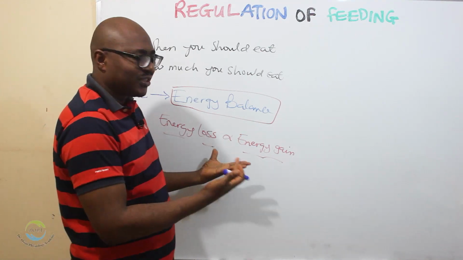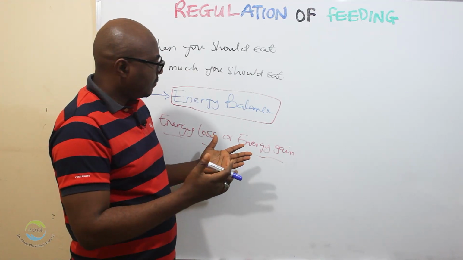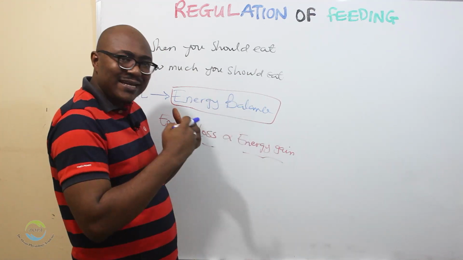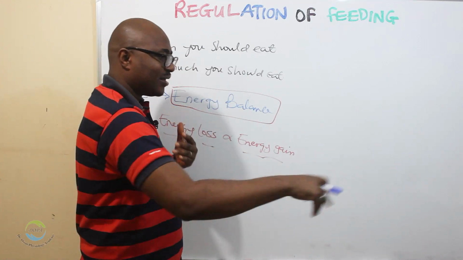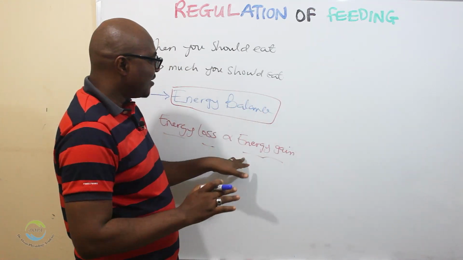Then if there's too much gain, what do you think will happen? That means you are gaining more than you are losing. You are taking in more energy than you are expending. What does it do?